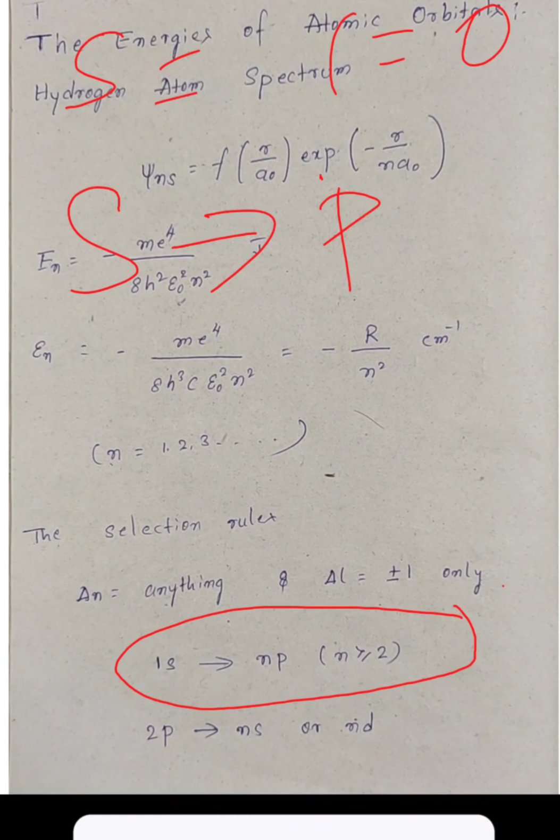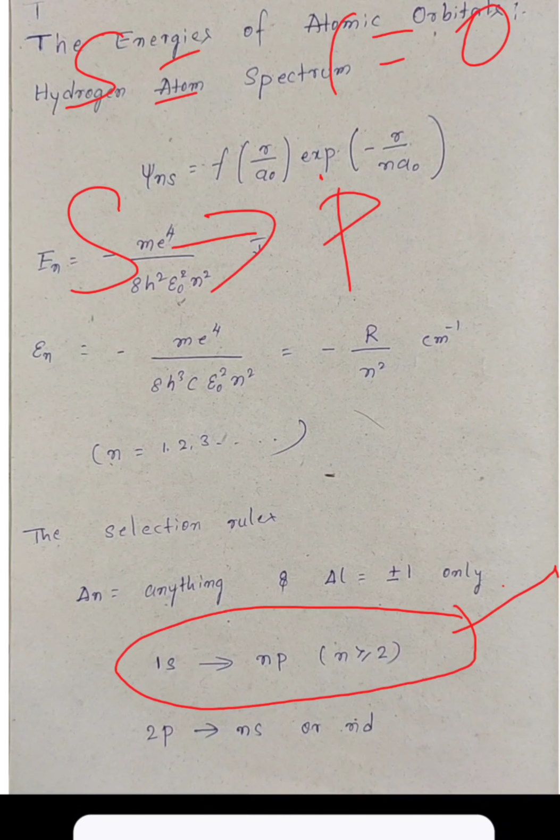Any value we can take for n, but L must be plus or minus 1. So it is an allowed transition, 1s to np. You can take n is equal to 2, 3, 4, 5, 6, etc. So n must be greater than or equal to 2.